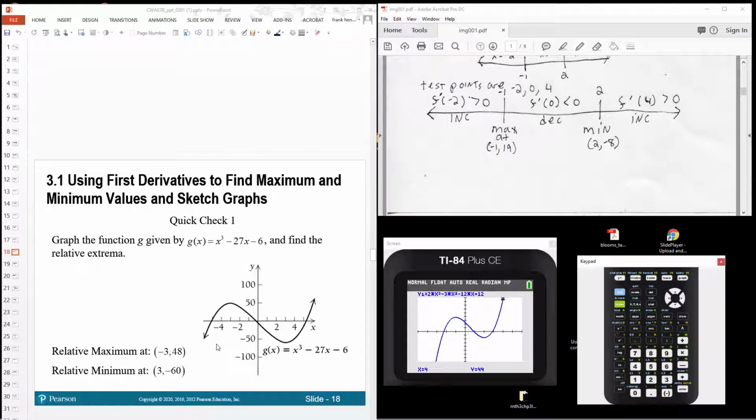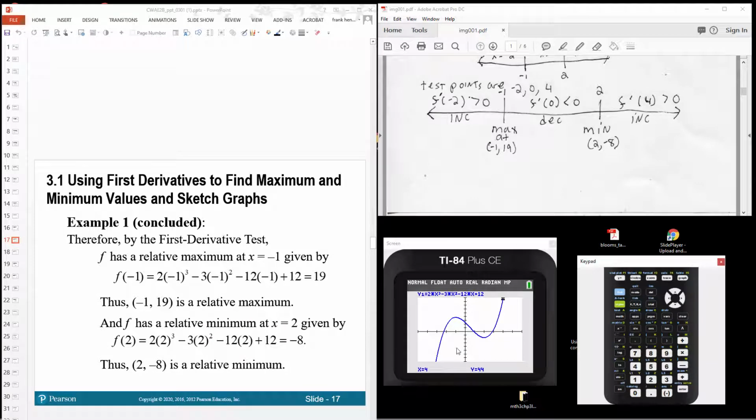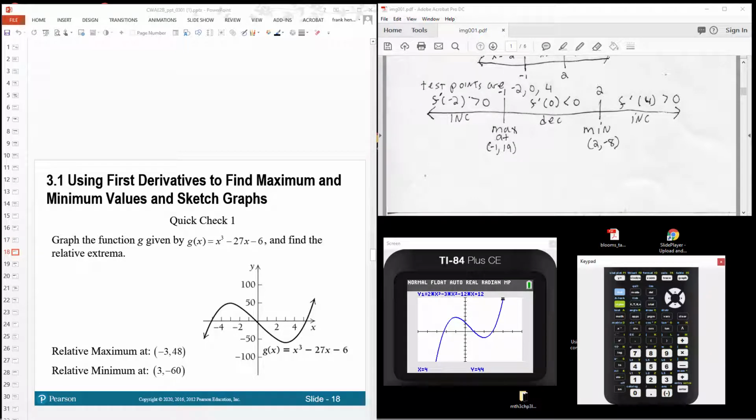So I know enough pretty much about where the graph is going to curve, based on the test, how it's going to curve on the intervals. Let's look at another one.